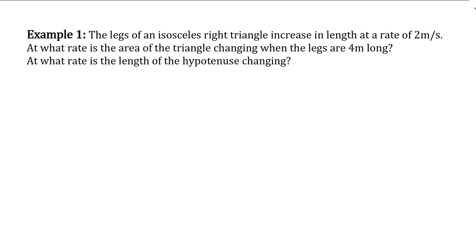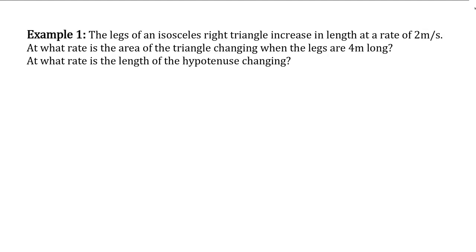Okay, so the very first thing that occurs to me is, do we remember what an isosceles right triangle is? An isosceles triangle is a triangle that has two sides that are exactly the same length. A right triangle has a right angle.